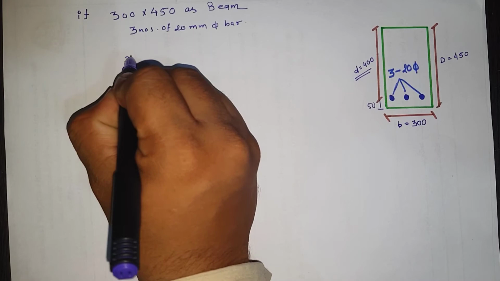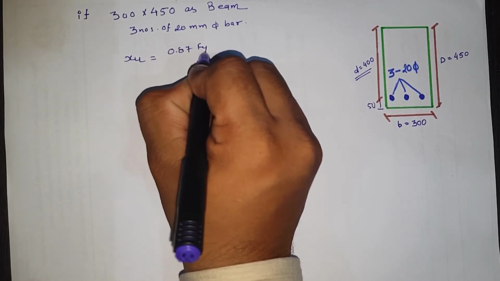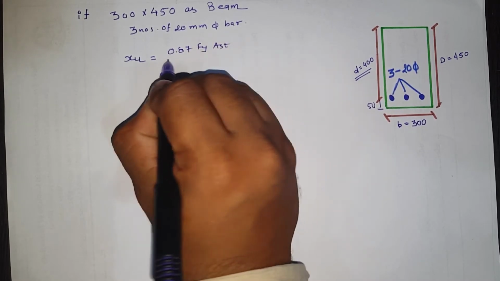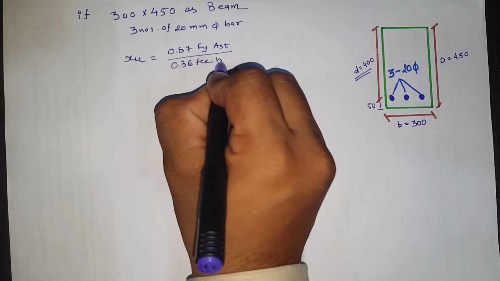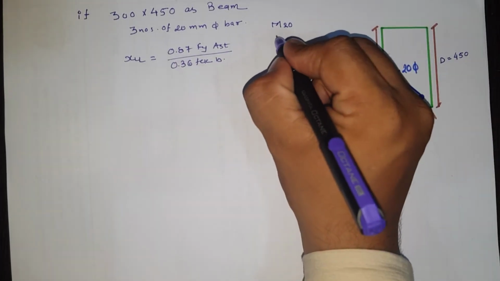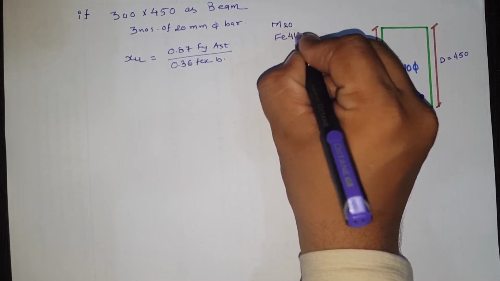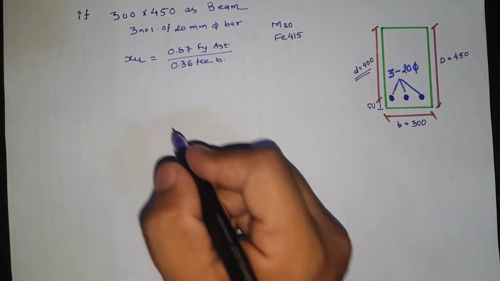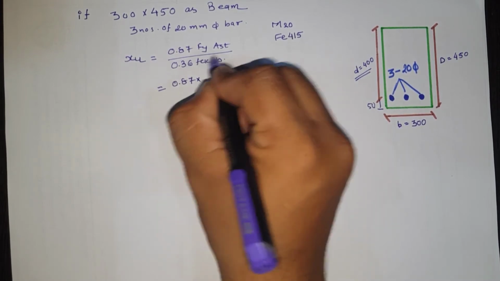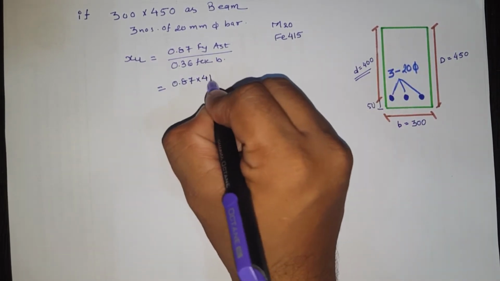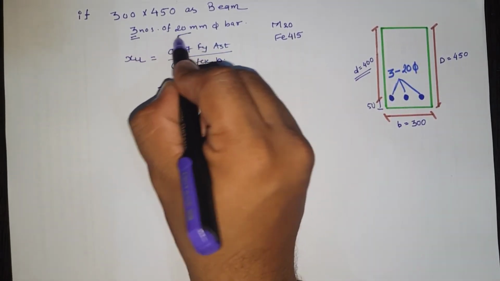Our equation is xu equals 0.87 Fy Ast divided by 0.36 fck b. Assuming grade of concrete and steel as M20 Fe415, 0.87 is constant, Fy is 415, and Ast is 3 numbers of 20 mm diameter.